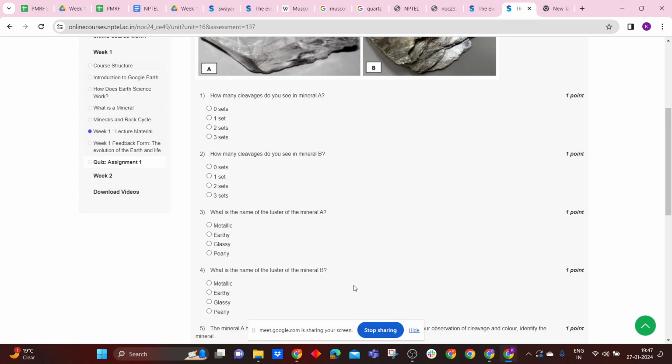But please do not confuse students. Some teachers or scientists say that muscovite sometimes shows metallic luster.